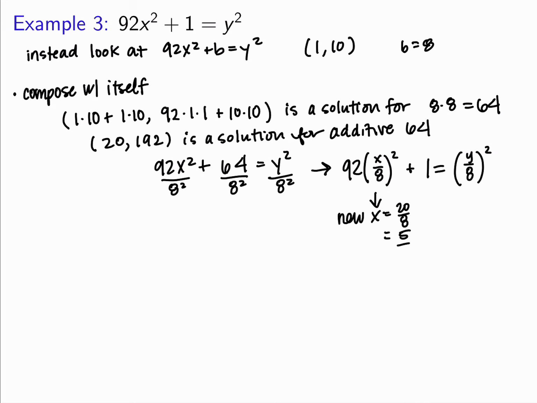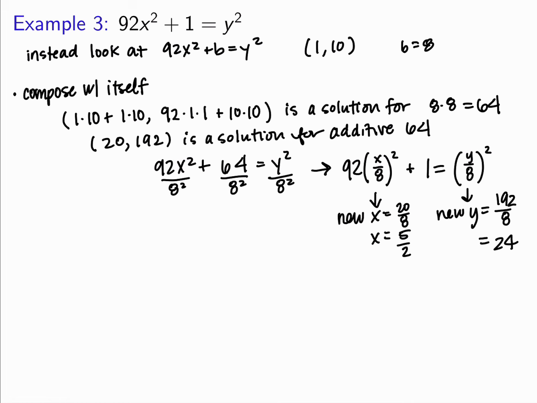So I get what, 5 halves there. And then over here, the new y, it was 192 over 8, which ends up being what, 24? So my new y is 24.